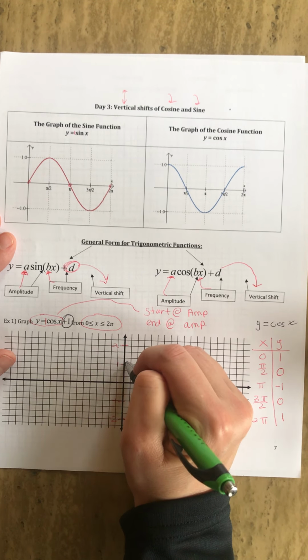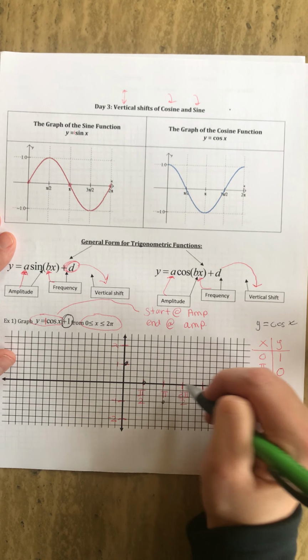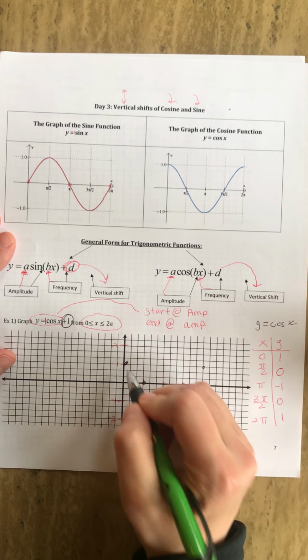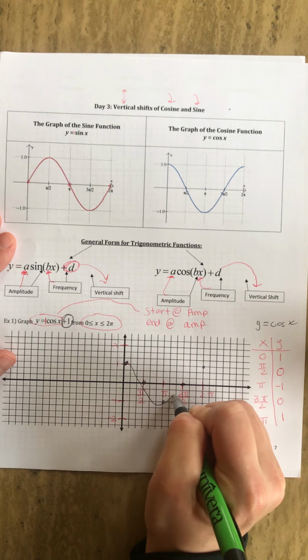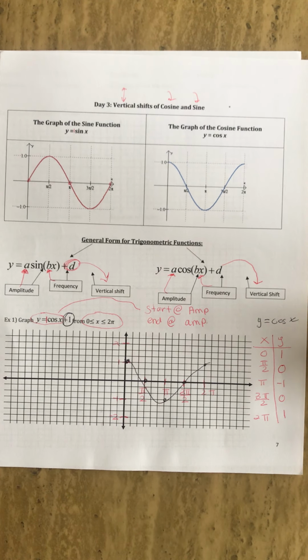So you start at 1, go down to 0, -1, back to 0, up to 1. And you can see right there that is y equals cosine x.